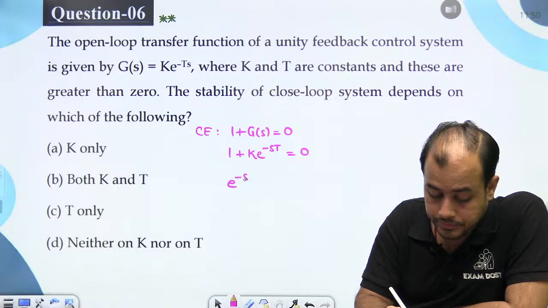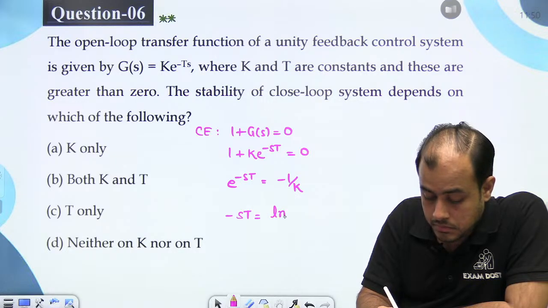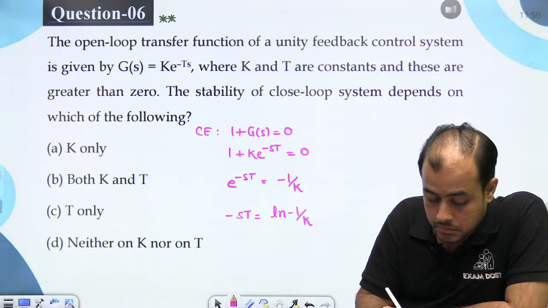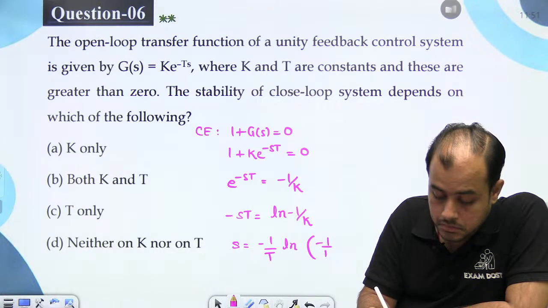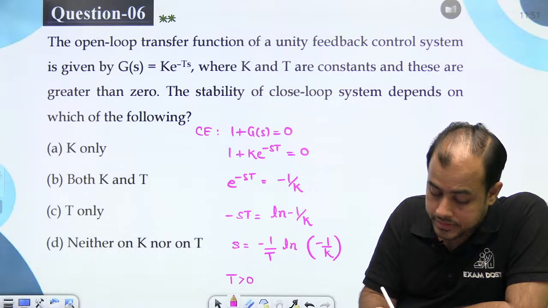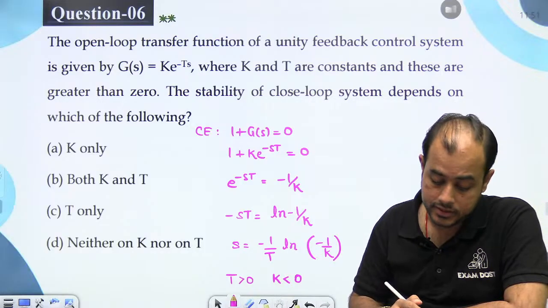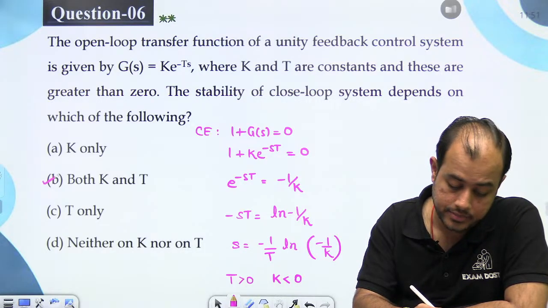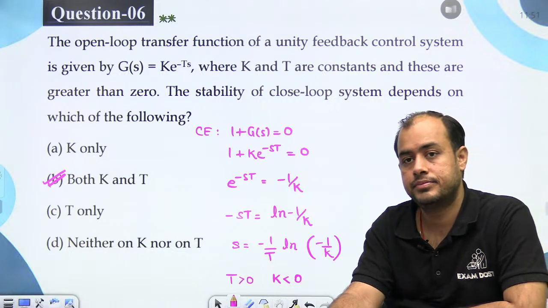Okay, so now T must be positive, K must be negative. So stability depends on both K and T. It depends on both K and T.